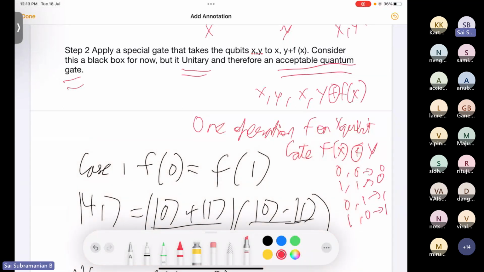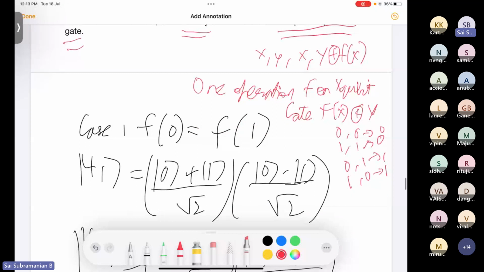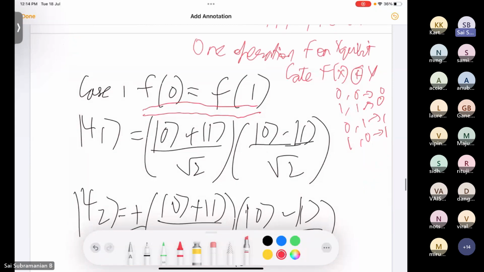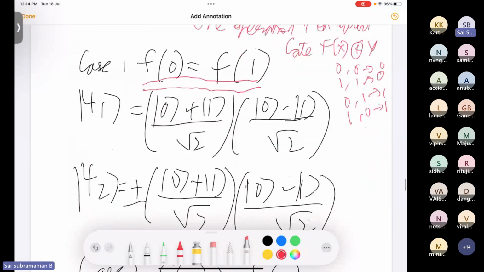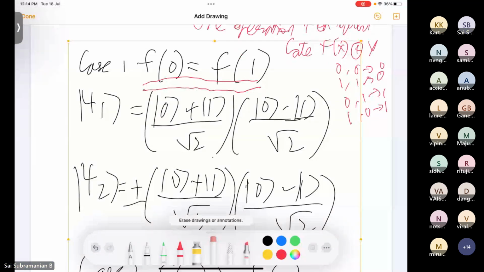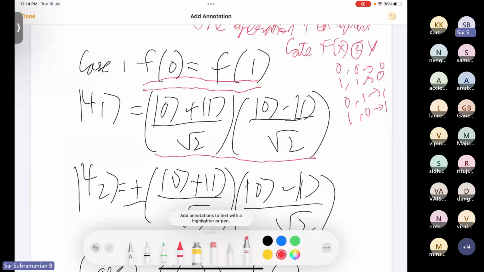So let us look at what happens to the states when we operate this special gate. Let's take the first case, that f of 0 is equal to f of 1. This is our initial state, the state we are going to operate this gate on.